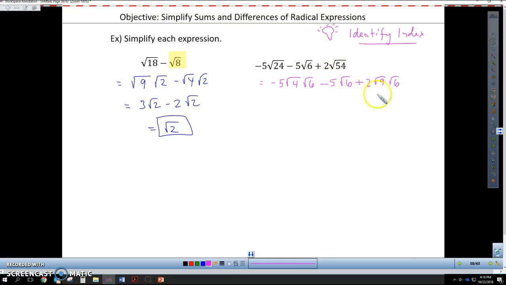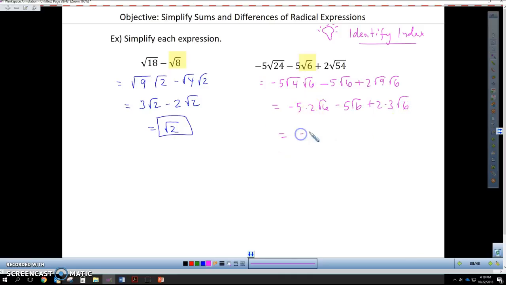And sometimes too, if you don't know what factors, how to break this down, they give you clues. So here I see root 6 there. So I know, hey, maybe if I break this down, divide by 6. Okay, so now I can simplify from here. Negative 5 times 2 root 6 minus 5 root 6 plus 2 square root of 9 is 3 plus root 6.